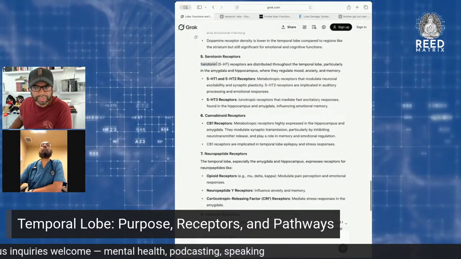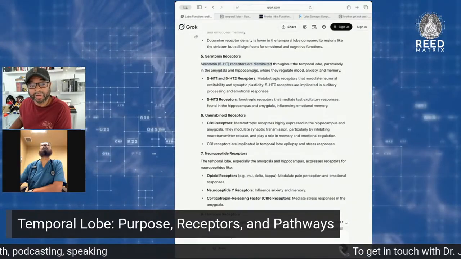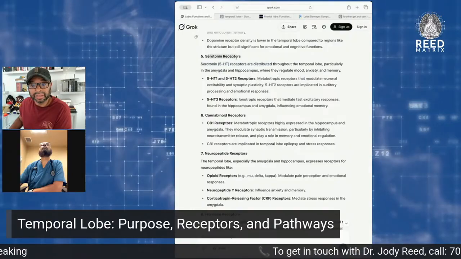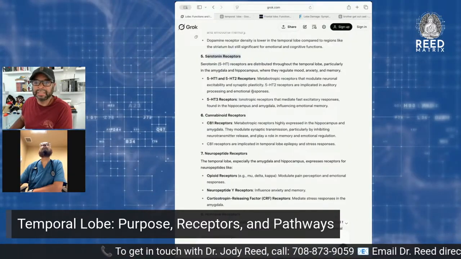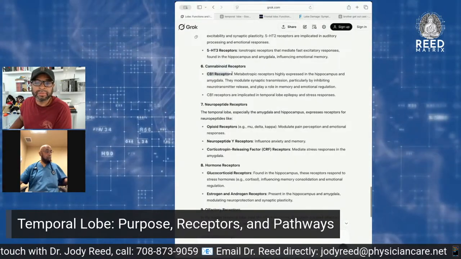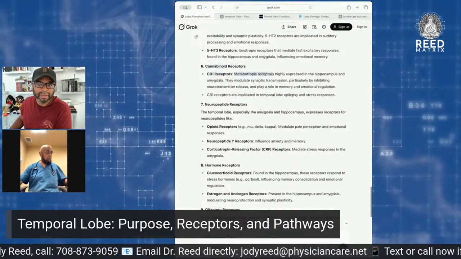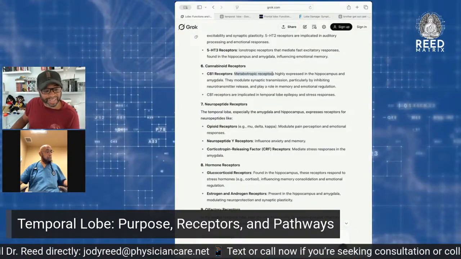Here, serotonergic receptors, right? So we're talking about antidepressants, SSRIs. Remember the selective serotonin reuptake inhibitors, that can be very effective in treating and stabilizing it. Cannabinoid receptors, these CB1 receptors are metabotropic receptors. Remember, these are the ones that result in gene expression.